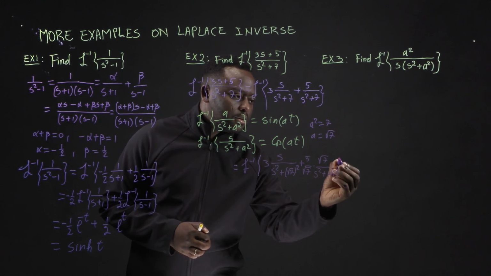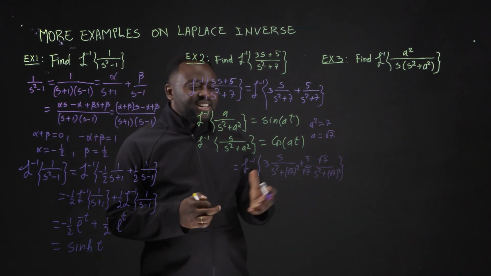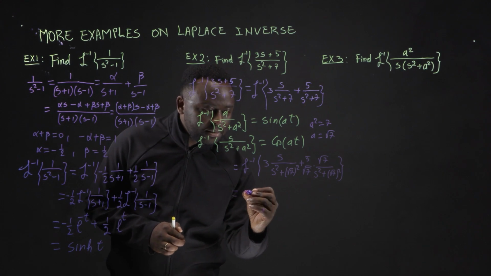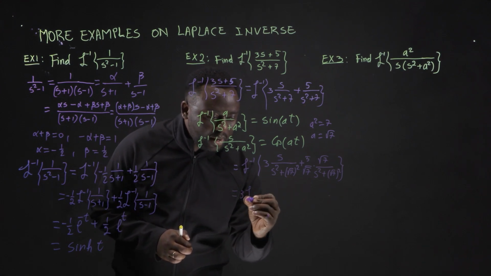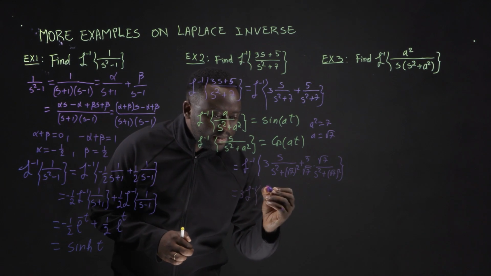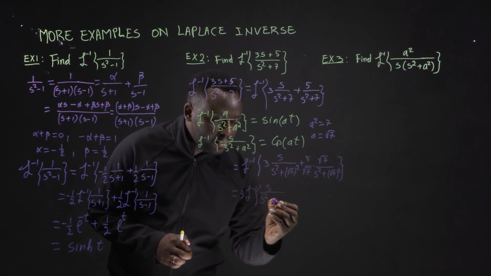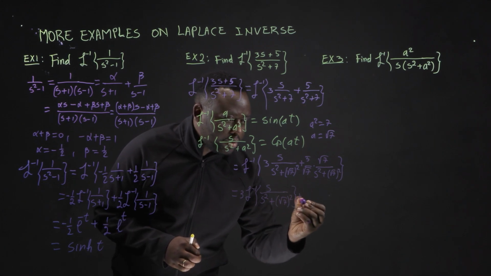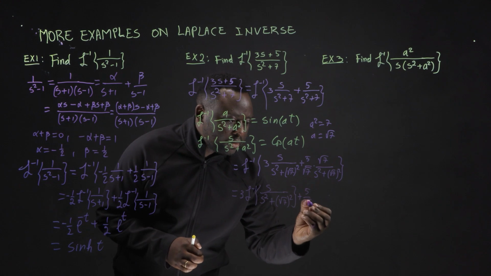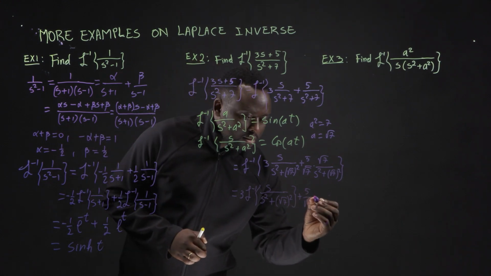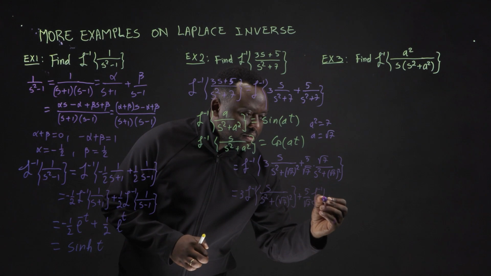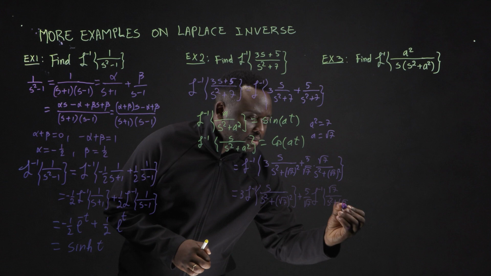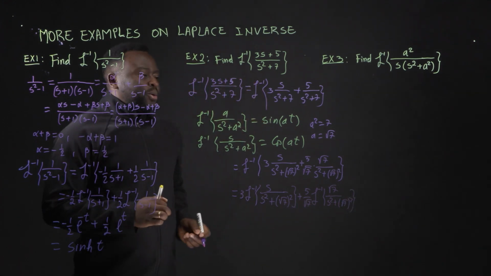Here we also apply the linearity of the Laplace inverse and obtain 3 times the Laplace inverse of s over s squared plus root of 7 squared, plus 5 over root of 7 times the Laplace inverse of square root of 7 over s squared plus square root of 7 squared.